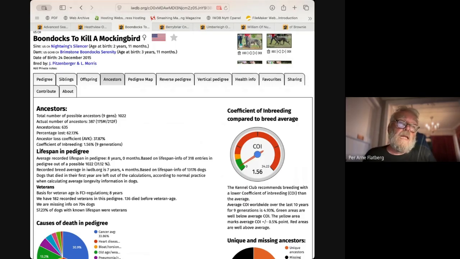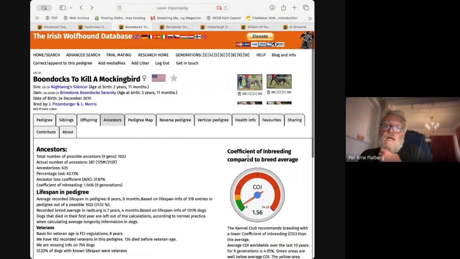And what we are doing is calculating that for the dogs that we expect to be alive today. Over the last 10 years, for 9 generations, the average is 4.93%. And in this case, it's 1.56, so it's quite a lot less.